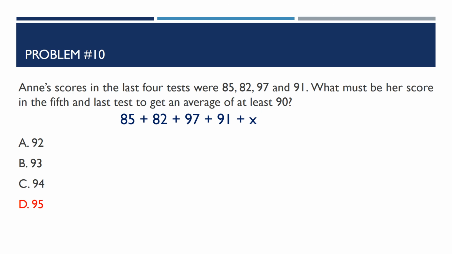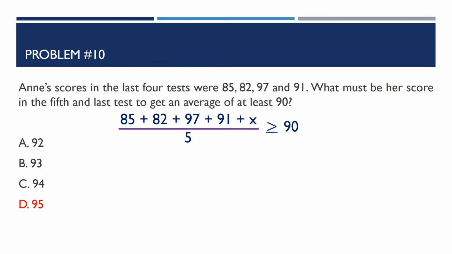So of course, all the 4 numbers plus the missing one divided by how many of them. These are all 5, so divided by 5. That's how we get the average. And it must be at least 90. So if you say at least, it must be greater than or equal to 90. So it can be 90 or higher.